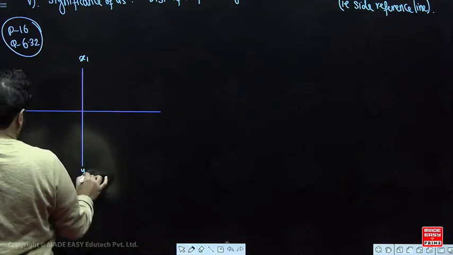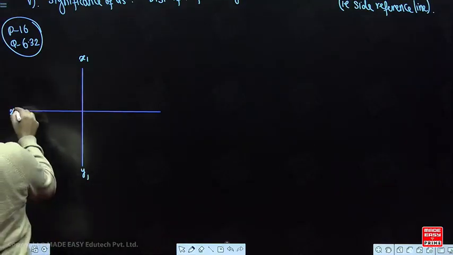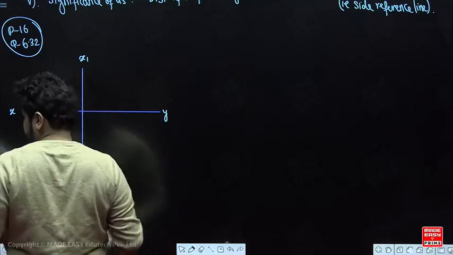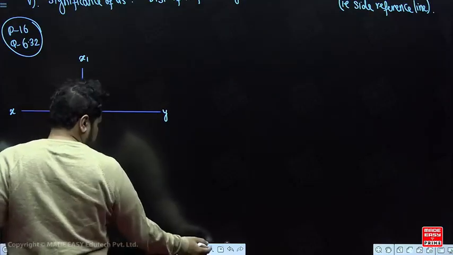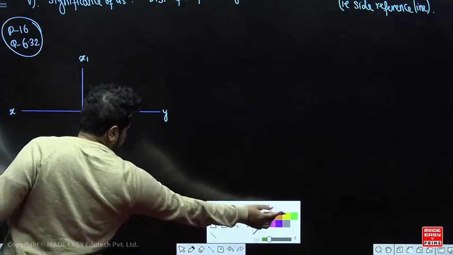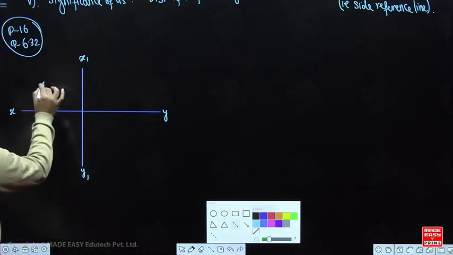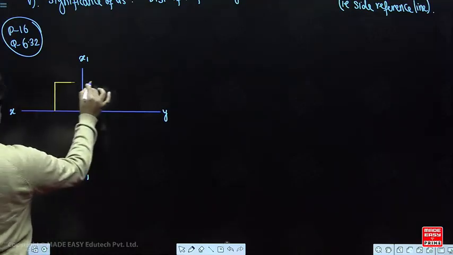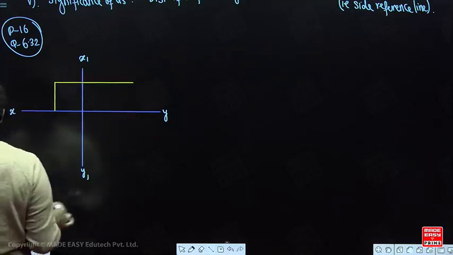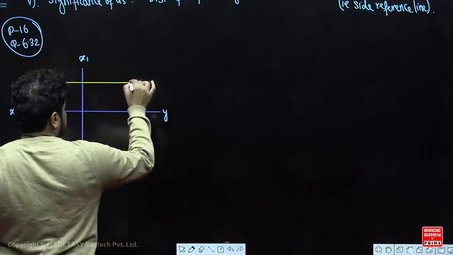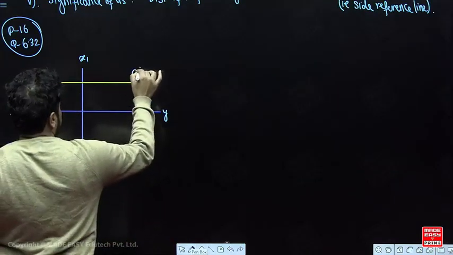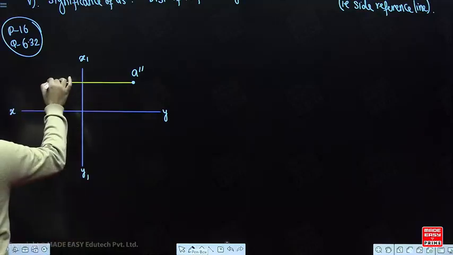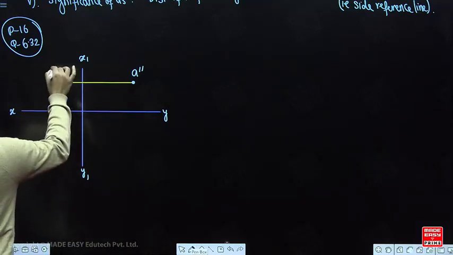X1, Y1, X, Y. Correct. So here this is given A double dash, this is given A dash.